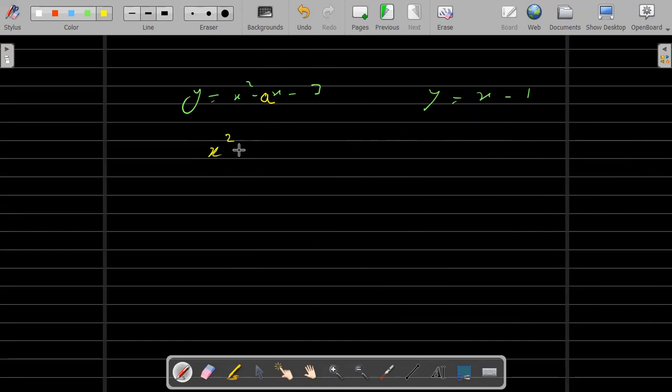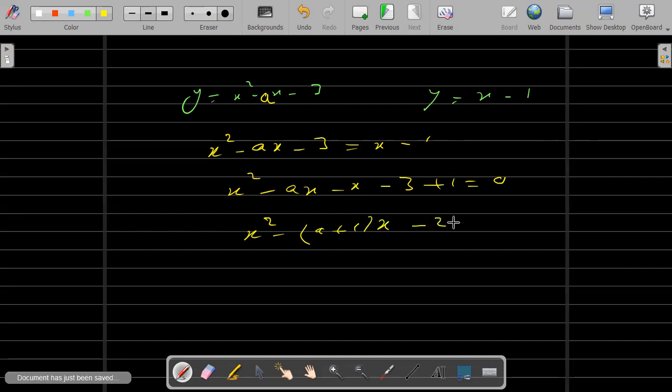So it will be x square minus ax minus 3, shifted there. Make a quadratic equation. So take x common. It will be (a plus 1) into x. So always quadratic equation: x square, then x, then without x. This is b. The coefficient of x is always b, with minus.